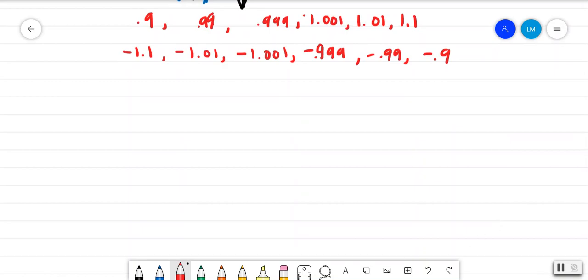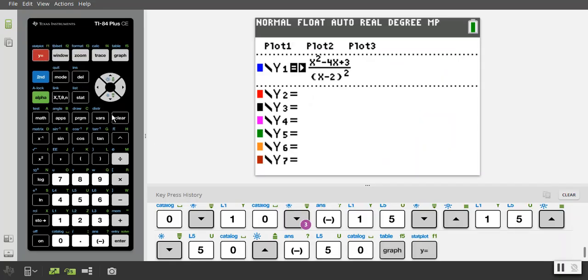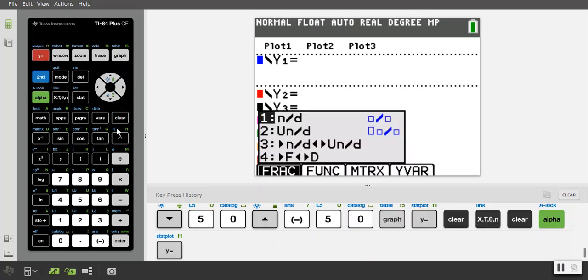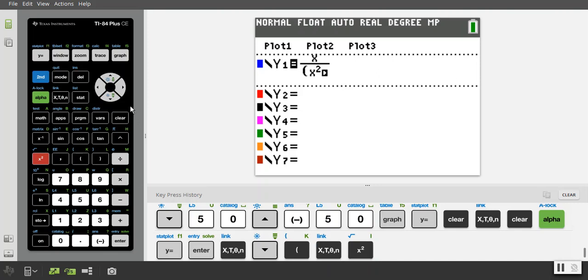Now, keep in mind that if you want to use your calculator, you can enter the function and just plug in the different values as needed.